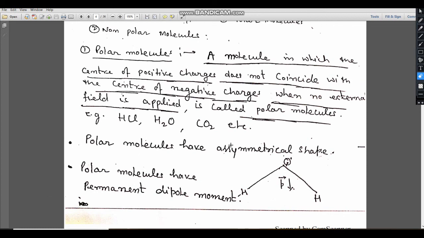Polar molecules have an asymmetrical shape, not a symmetrical shape. There is a distance between H and Cl, between the positive charge and the negative charge, so they have a permanent dipole moment.